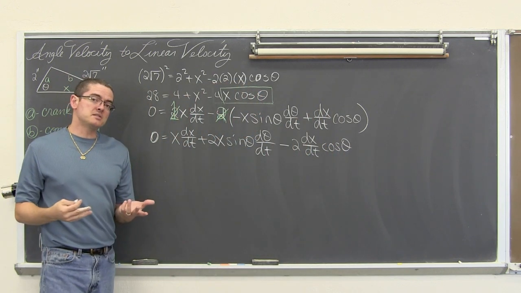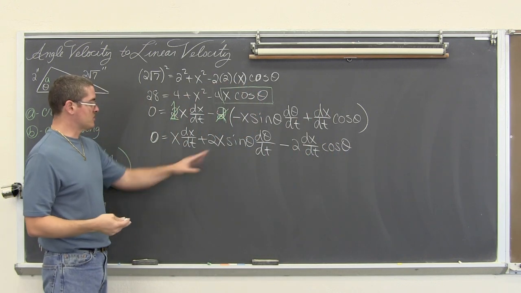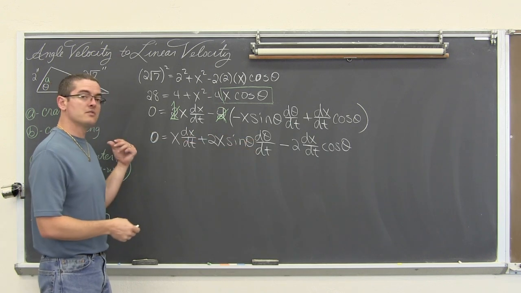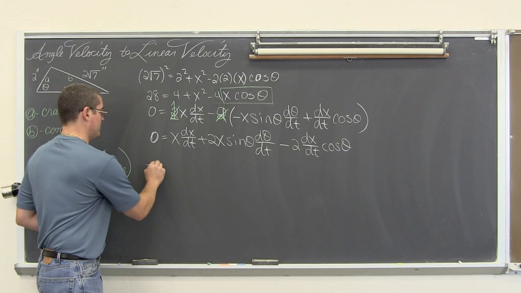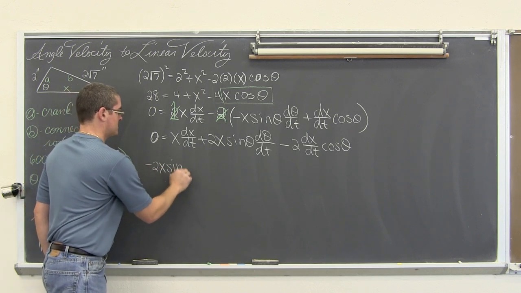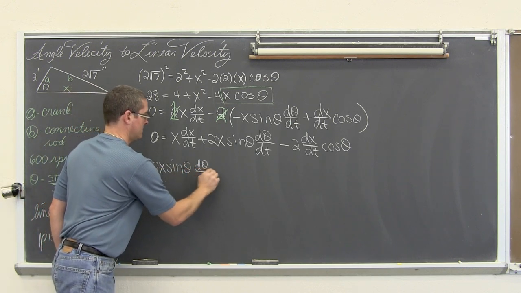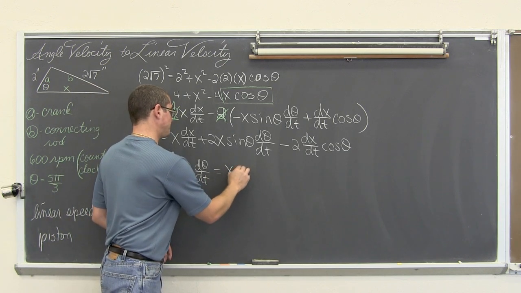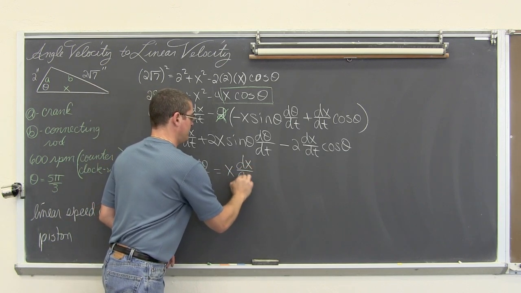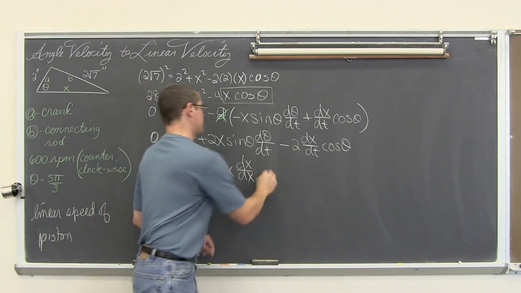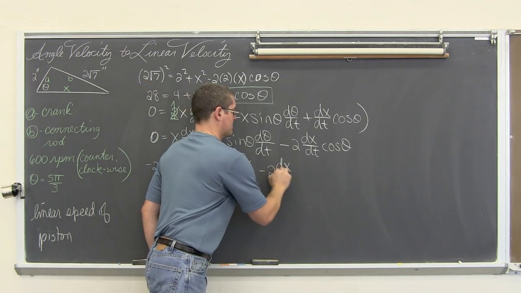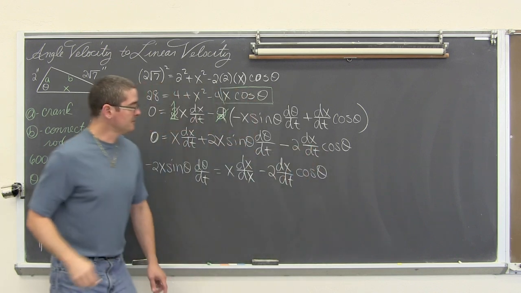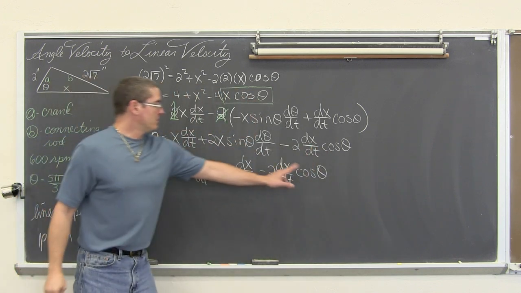Okay, I'm looking for dx dt ultimately, so I want to get that alone. So I'm going to bring the 2x sine theta d theta dt over to the other side. So negative 2x sine theta d theta dt is equal to x times dx dt minus 2 dx dt cosine theta.